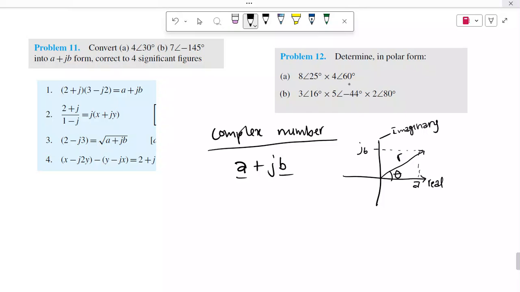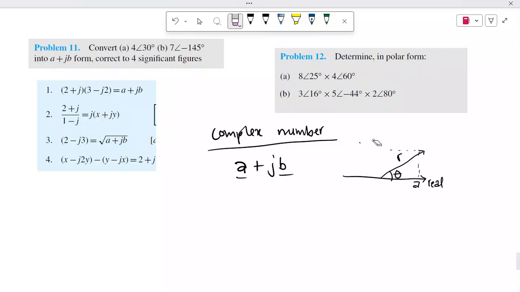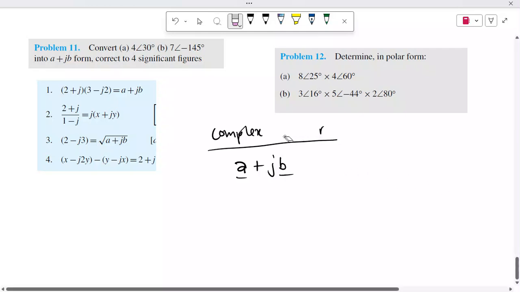Today we'll take it a little bit further and see how you multiply two complex numbers in polar form.